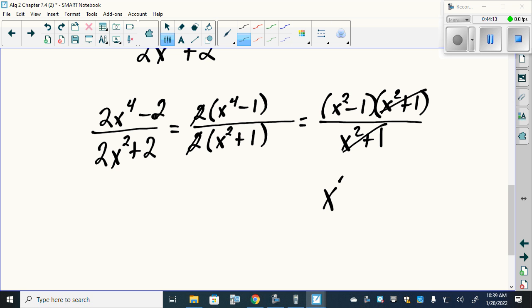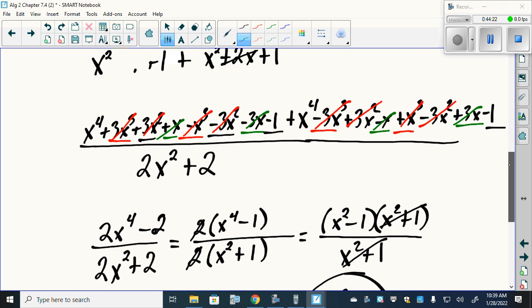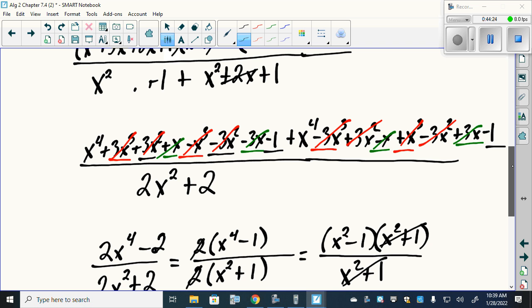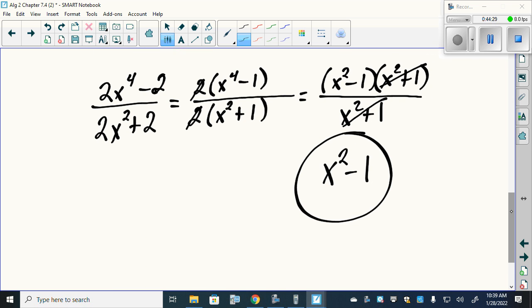Those cancel, leaving us with x squared minus 1. But it's still kind of funny that it went from something this big, expanded out to that big, to something that we end up with 2 terms.